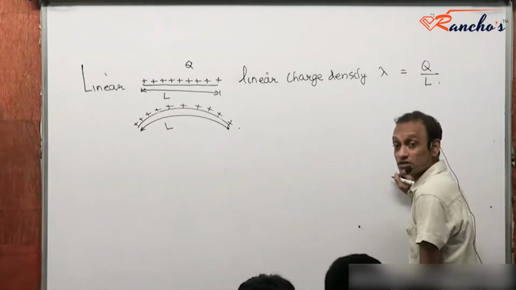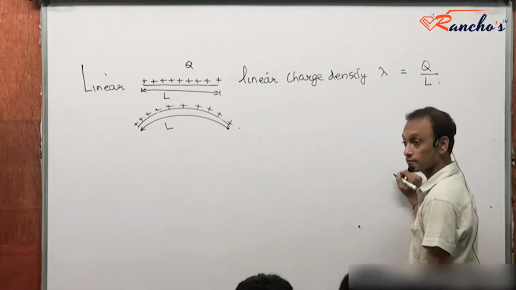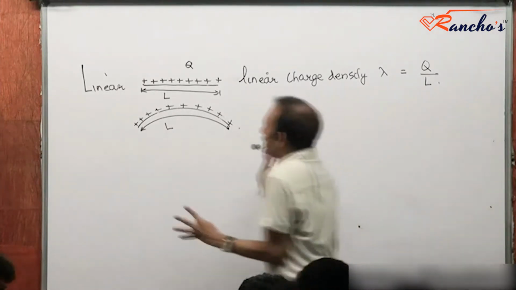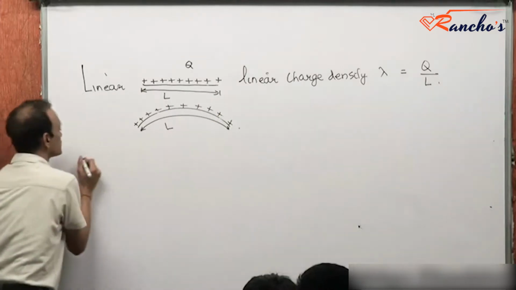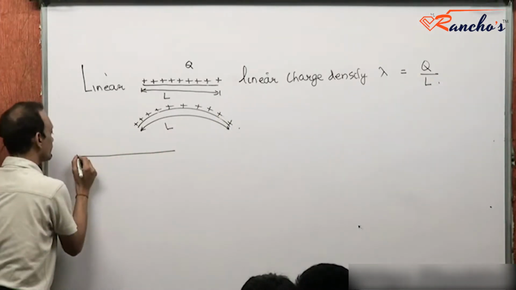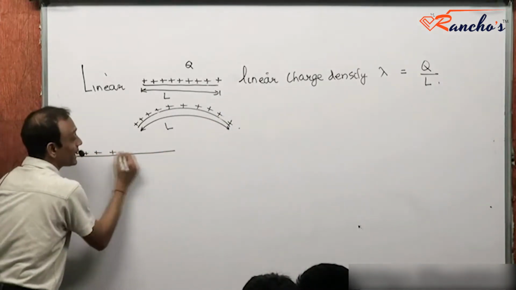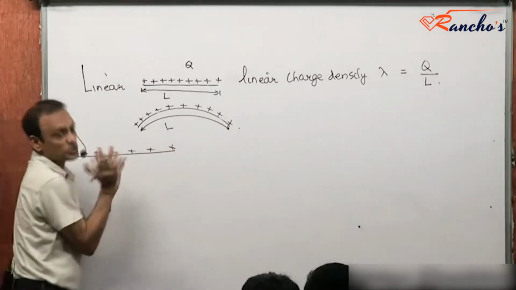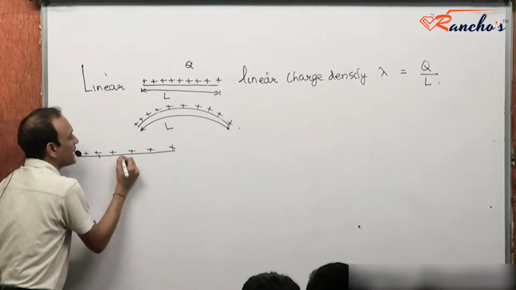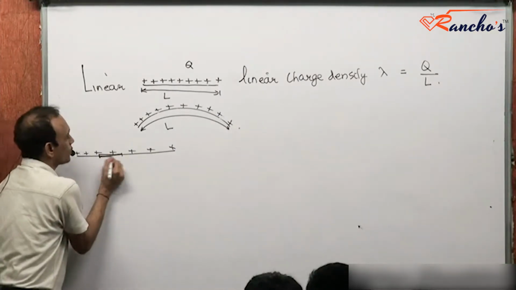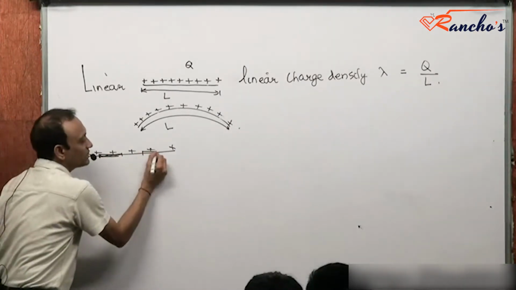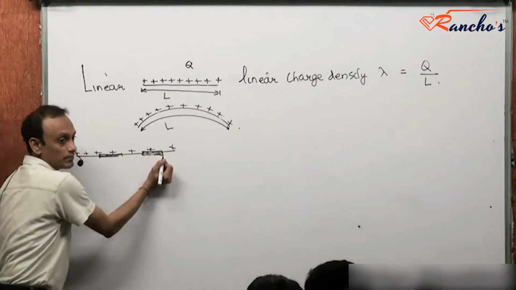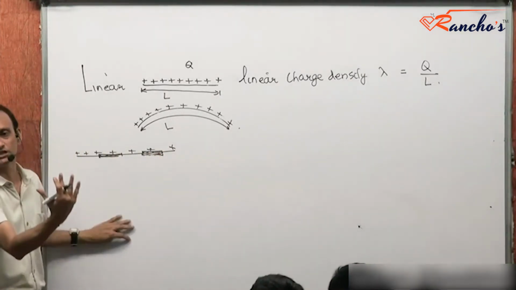Charge per unit length. If this linear charge density is constant, lambda is uniform. Lambda is the same at every point. That means whether I take 1 unit length here or 1 unit length here, the amount of charge will be the same. This is what it means by uniform linear charge density.